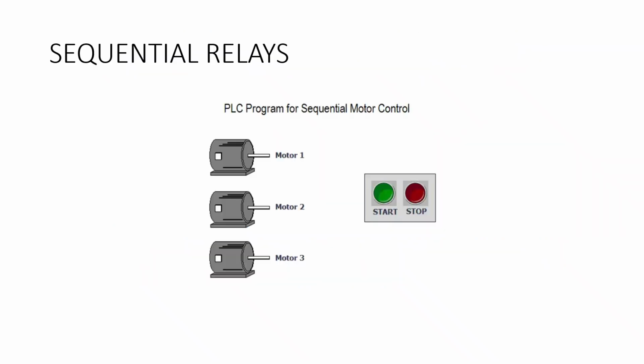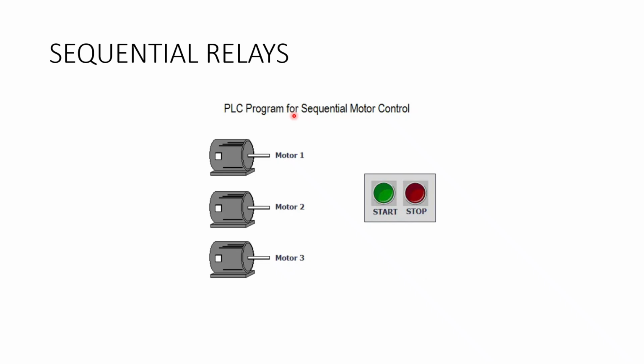Moving to the sequential relay, it is very important that in a factory or in industries there are a lot of loads. If we make all the loads run at the same time, it is going to have more power consumption.